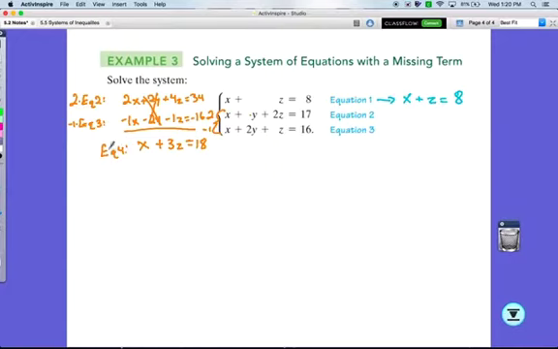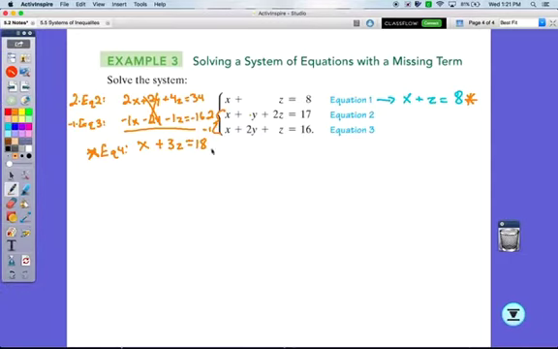All right, but if I look at equation 4 and equation 1, they both have just x and z in them. So I can put those together. X plus z is equal to 8, and x plus 3z is equal to 18. All right, so now I just need to get rid of one of those variables. The x's are almost the same, except one of them needs to be negative.